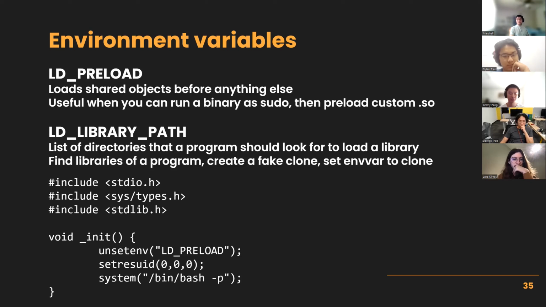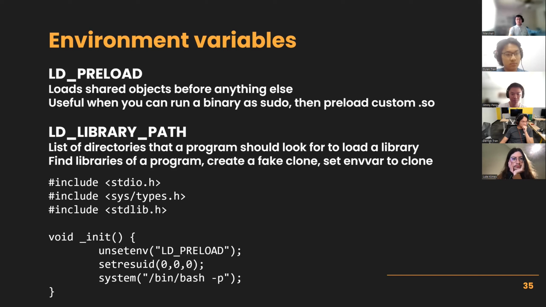So the first one is searched first, the second one is searched second, and so forth. To exploit this variable, you could create a malicious shared object file and then set the LD_LIBRARY_PATH to your directory, which we have write permissions to.